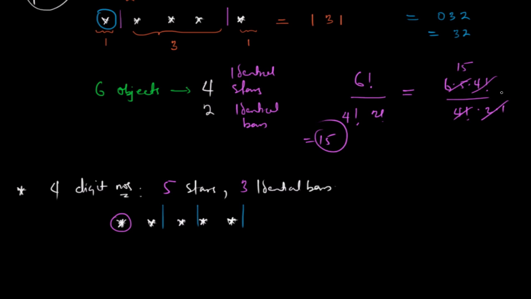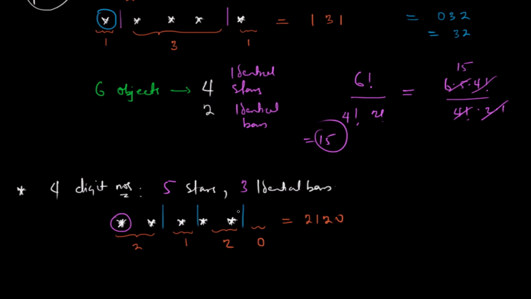What does this number represent? You have 2 stars, 1 star, 2 stars, and then no star. So this gives you 2120, which is correct. This is a 4-digit number and the sum is 2 plus 1, 3 plus 2, 5. So this is an example.